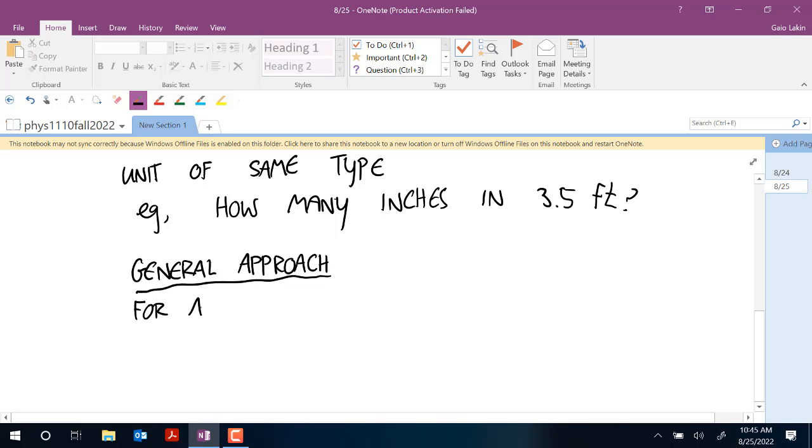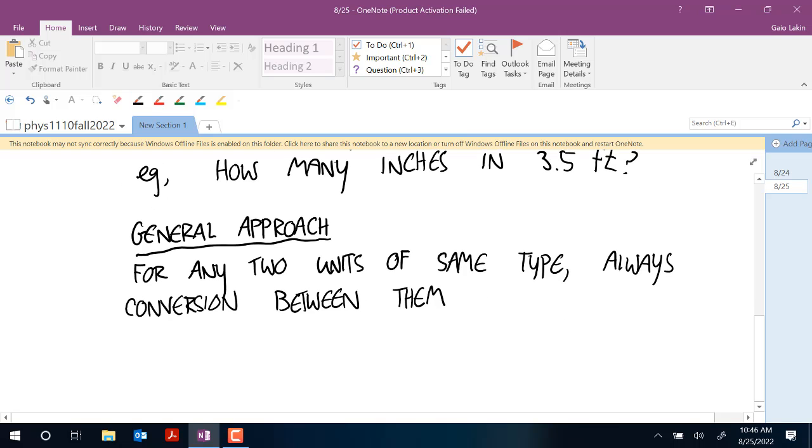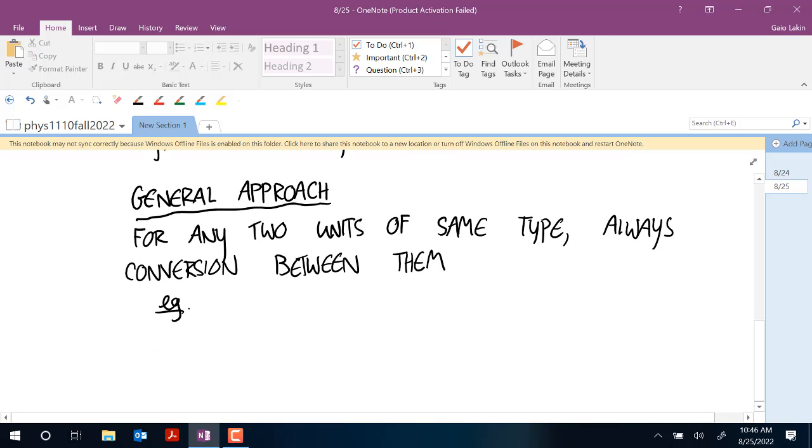So in this inches and feet example, for example, 1 foot is equal to 12 inches.